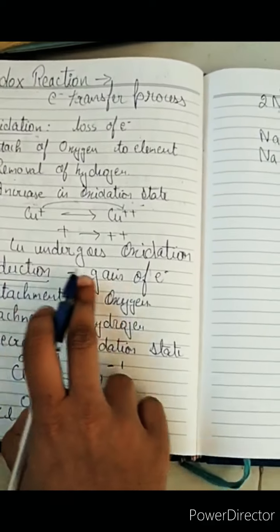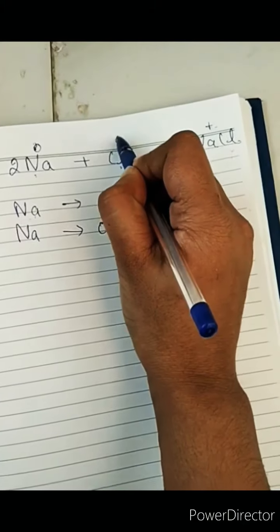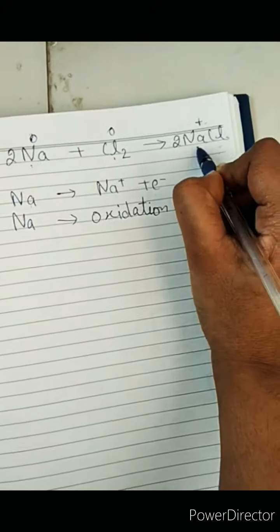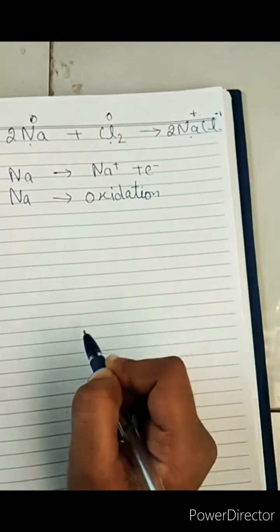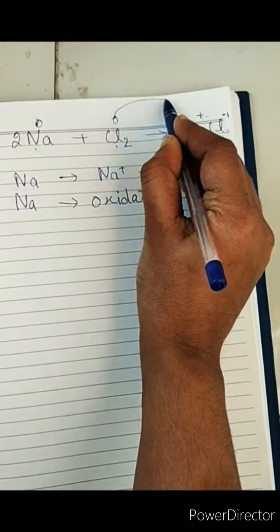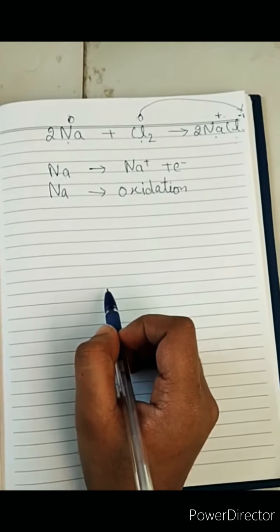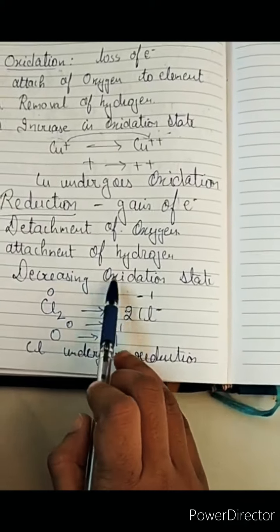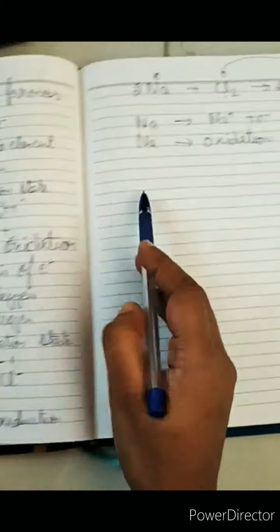Now, obviously Cl is reduction, but we will check with the help of this definition. Reduction means gain of electron. So you can see here Cl is 0, and when it combines with Na, it becomes Cl negative. So from 0 to Cl negative, the oxidation state decreases, and decreasing oxidation state means reduction.